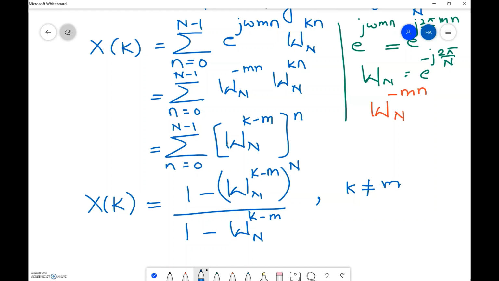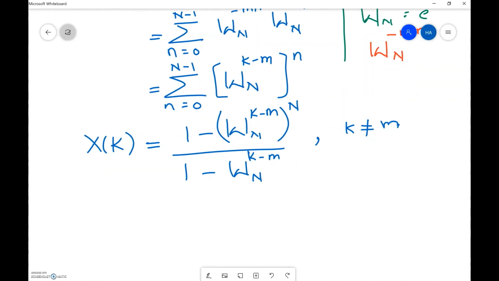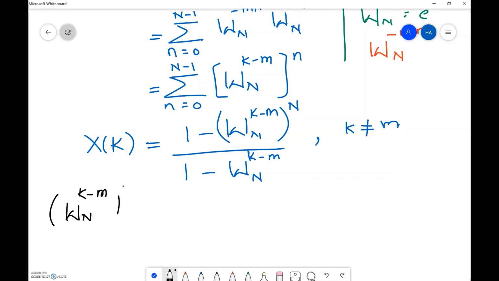That's one point. Then your numerator term, that is this term in the numerator, we have Wn to the power k minus m whole power N. Let's just observe this. If you want, you can split it up. So Wn power k into capital N into Wn power minus m into capital N. What is this term?